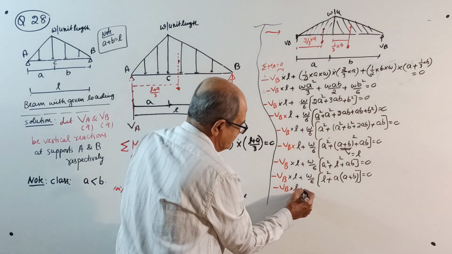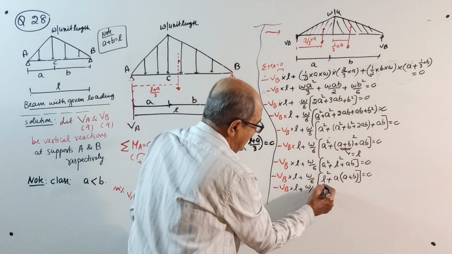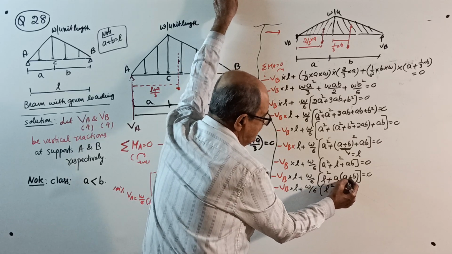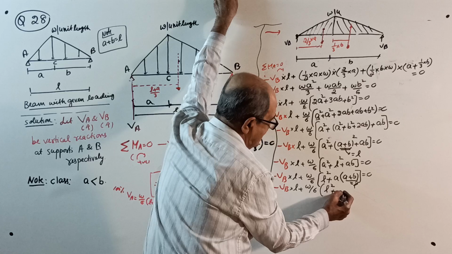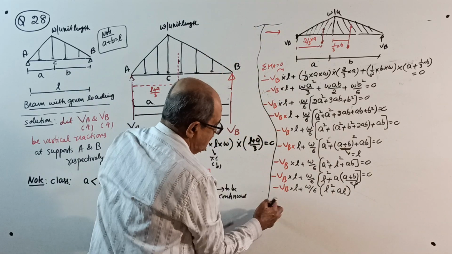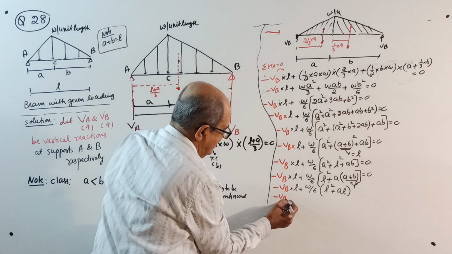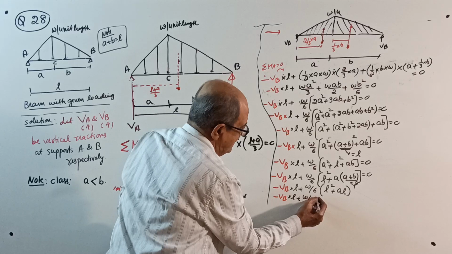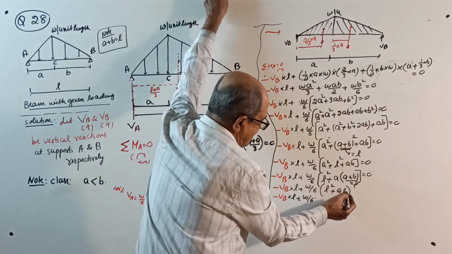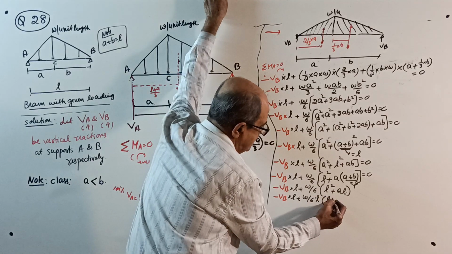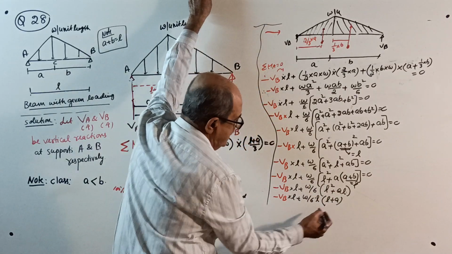Some will tell, no sir, we don't want it. Okay, into L square plus A plus B is equal to L, plus A into L. Or I can write minus VB into L plus W by 6 into L square plus AB, take L outside, into L plus A. Now equal to 0.